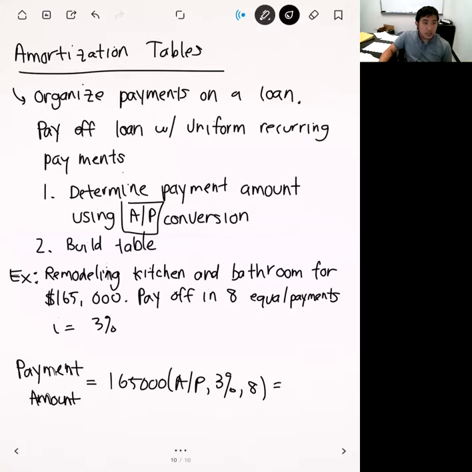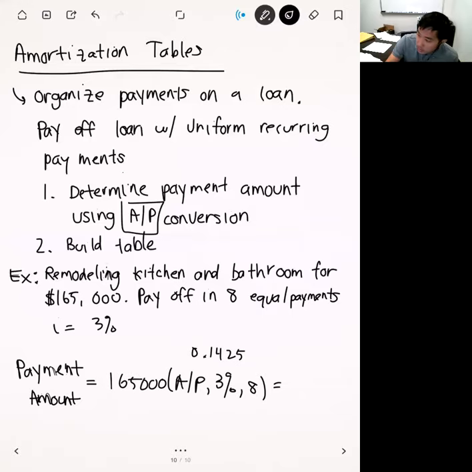Okay, and so let me go up to the compound interest tables for 3%. Okay. All right, 3%, A over P, 8 years. And so this is going to be 0.1425. Okay. And so we perform that conversion.